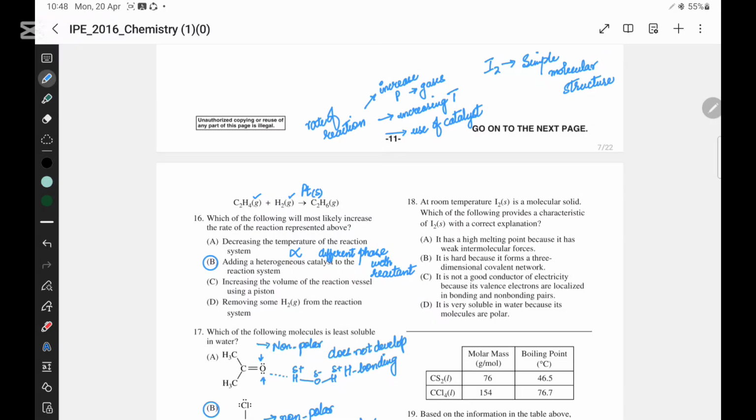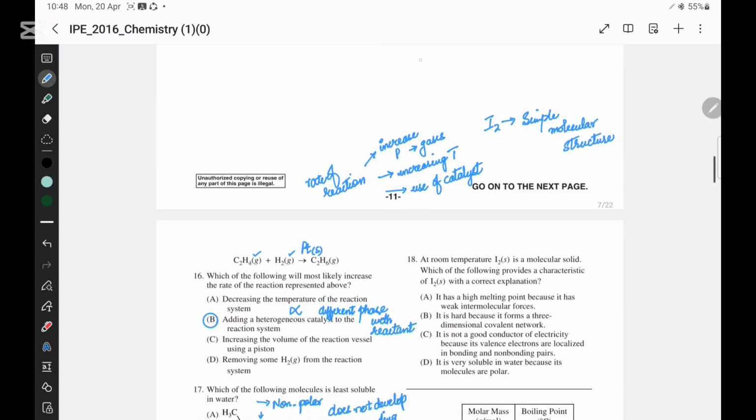You can see it makes a single covalent bond. And I2 has weak intermolecular force of attraction.